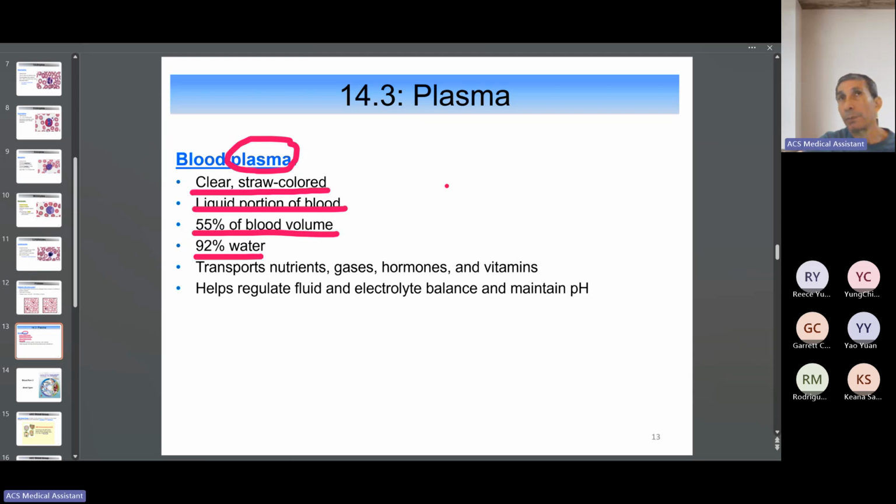It says right here, plasma transports nutrients, gases, hormones, vitamins, minerals, you name it. Everything. It helps regulate fluid and electrolyte balance and maintains the pH. So super important.